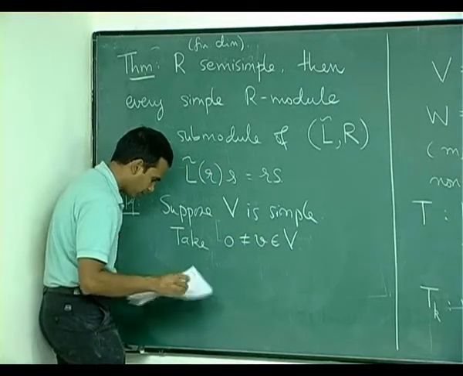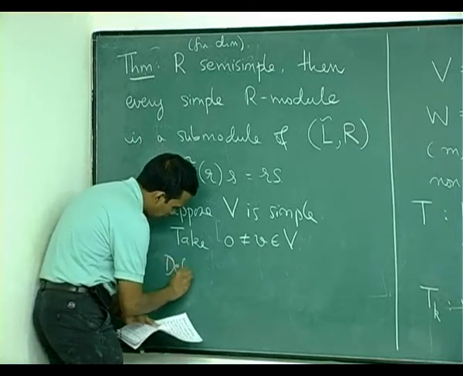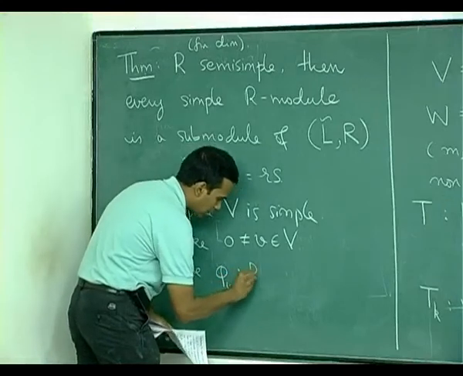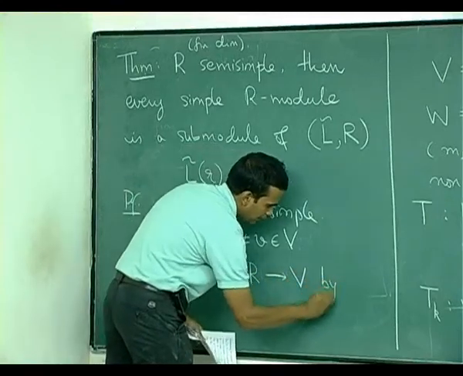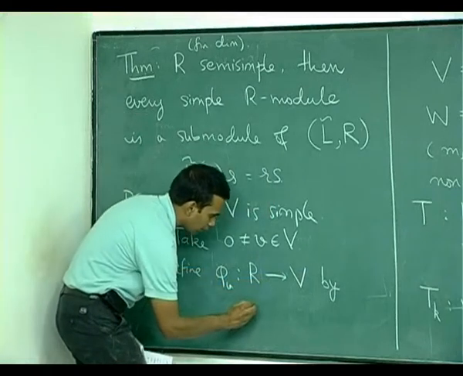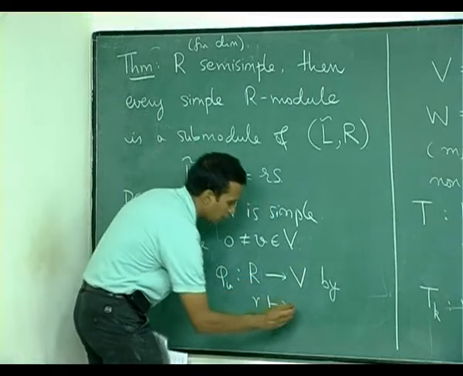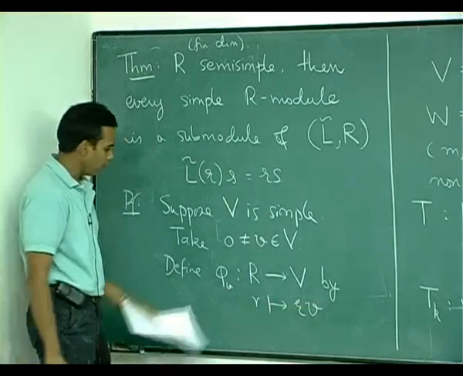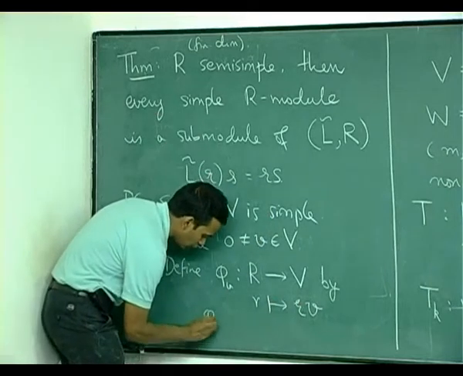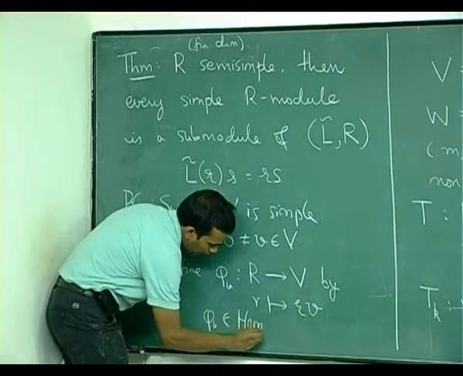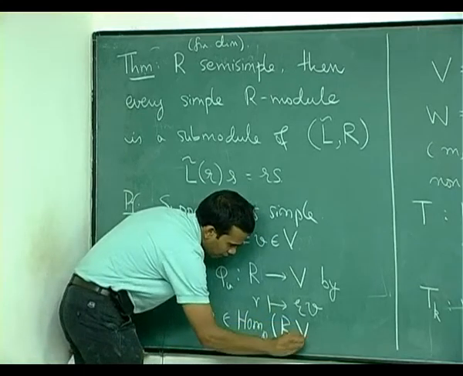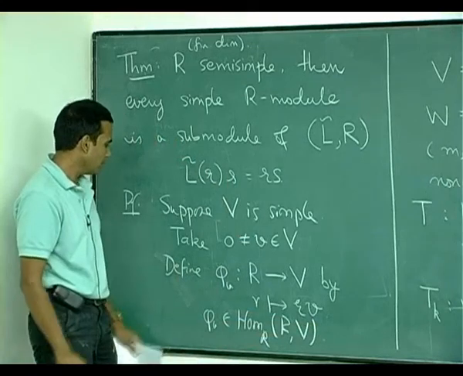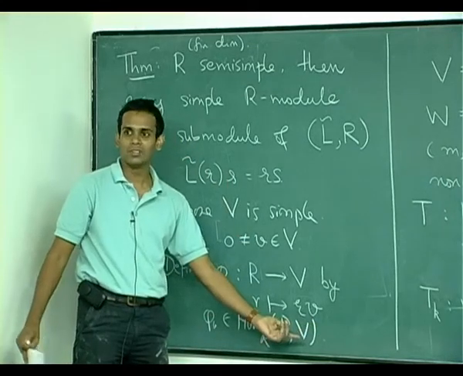Define phi_v from R to V by r goes to r times v. This belongs to Hom_R(R, V). That's easy to check. And so that means that Hom_R(R, V) is non-zero.